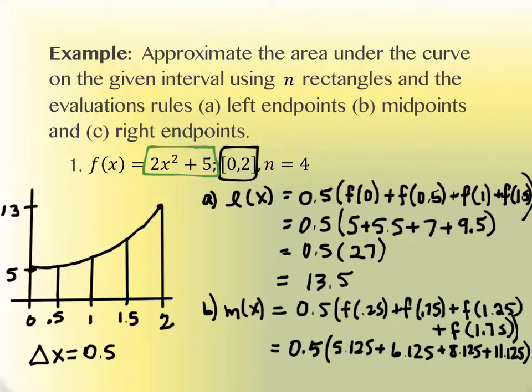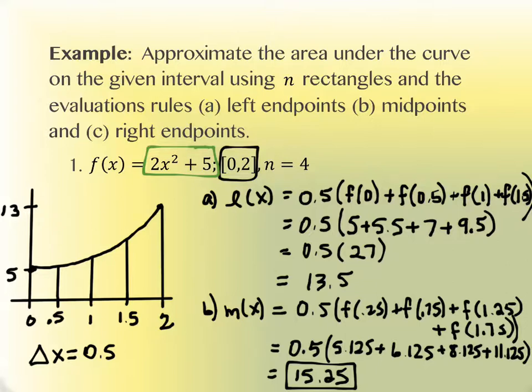All right, so if we add all these together, and then we multiply by 1/2, what is this estimate? 15.25. We expected it to be a little bit more, right? If you actually drew these in, you're going to find that on half of the rectangles it's an overestimate, and half of the rectangles it's an underestimate. So we're not consistently underestimating when we're using the midpoint on this particular function.